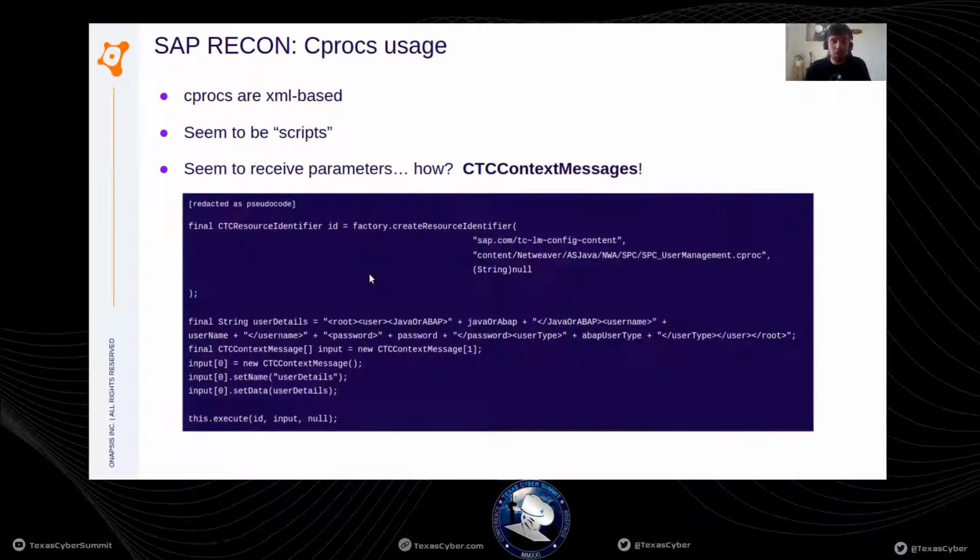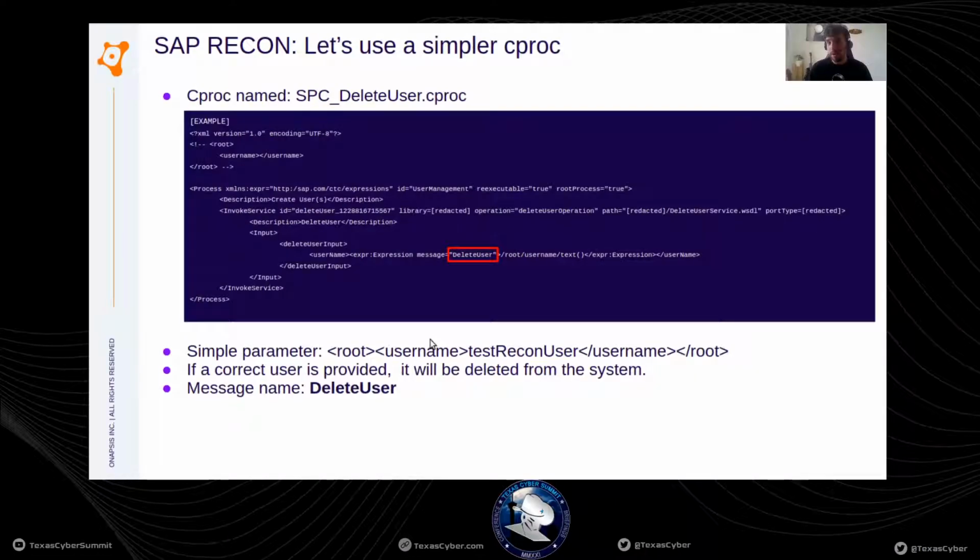So this was the way to provide parameters to this script. And here, as you can see, they were executing with the identifier that we had before, and the input with this CTC context message data type.